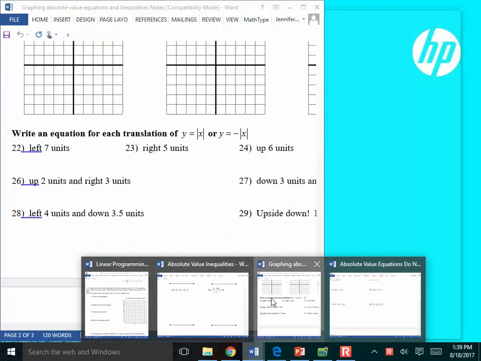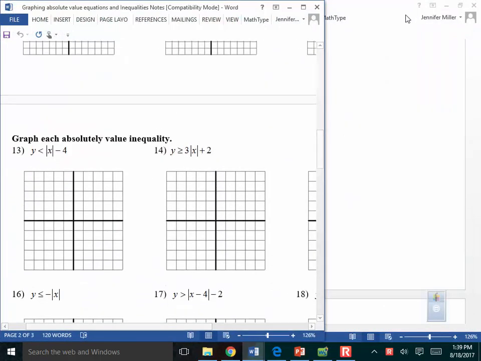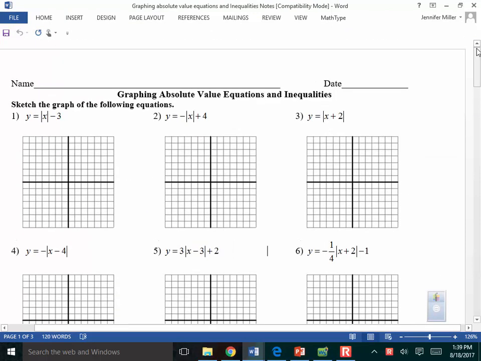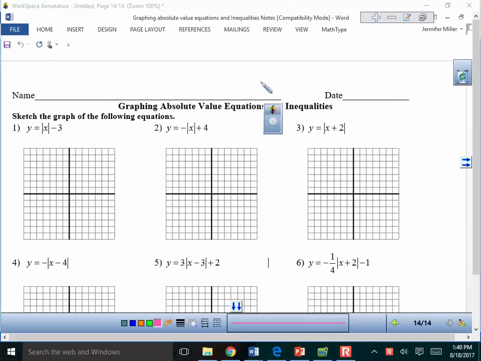All right, today we are learning how to graph absolute value equations and inequalities on a coordinate plane. I'm going to give you guys the standard form for the absolute value equations. You can look at it in the top right corner up here, and it is y is equal to a times the absolute value of x minus h plus k.